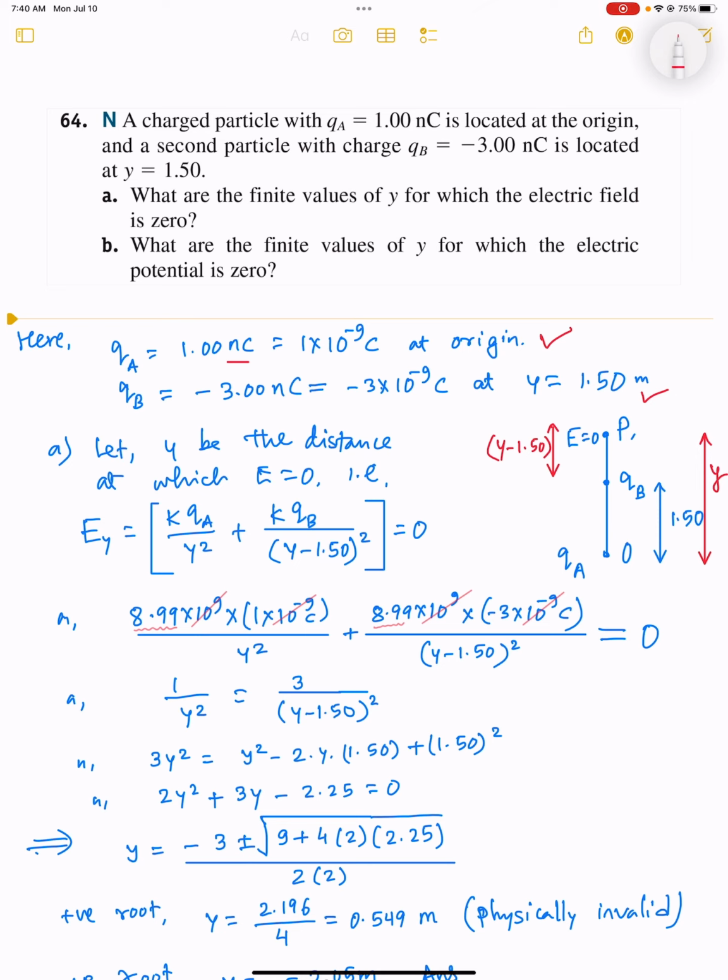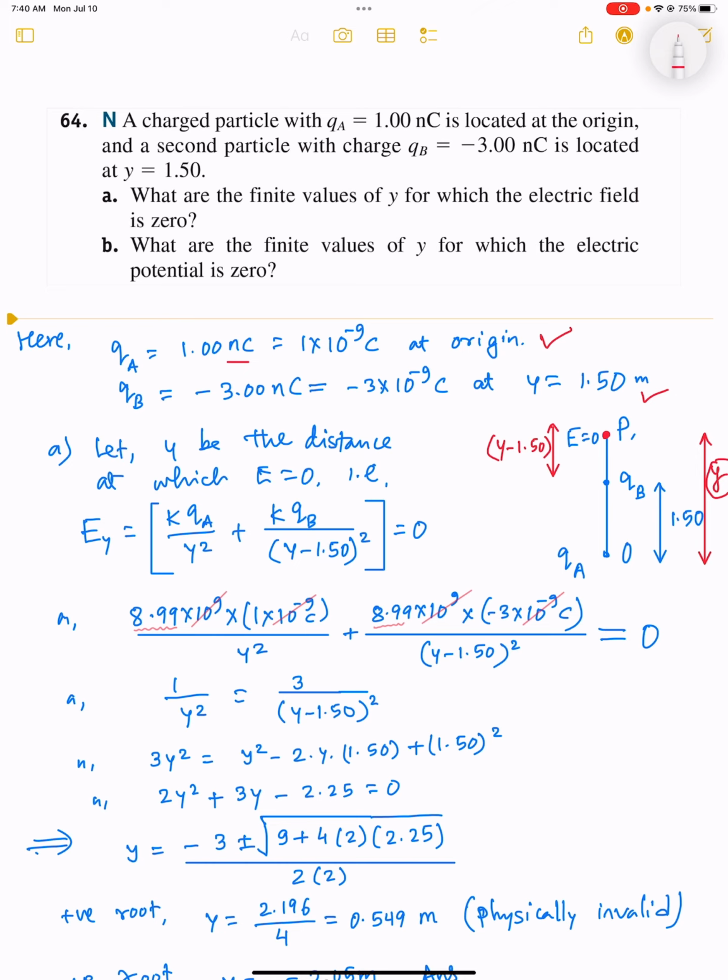For part A, suppose y is the distance at which E equals 0. At this distance y from the charge QA, at point P, the electric field E equals 0.